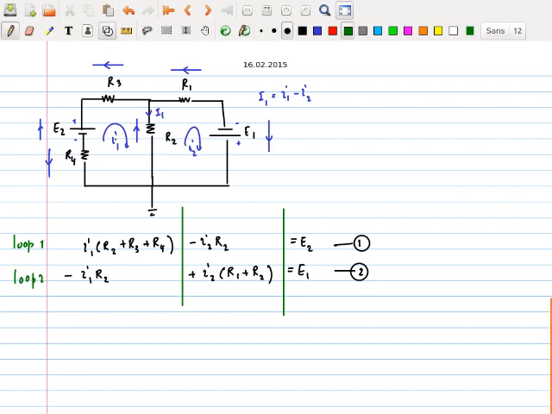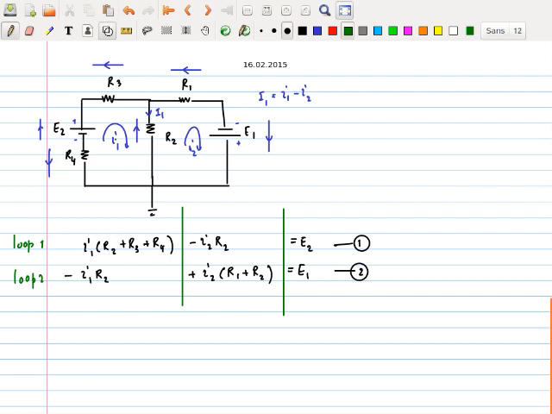Now look at the second. Take a look at I2. The component there tells you, if you are in loop 1, what contribution does I2 give? It's the interaction with the other loop.